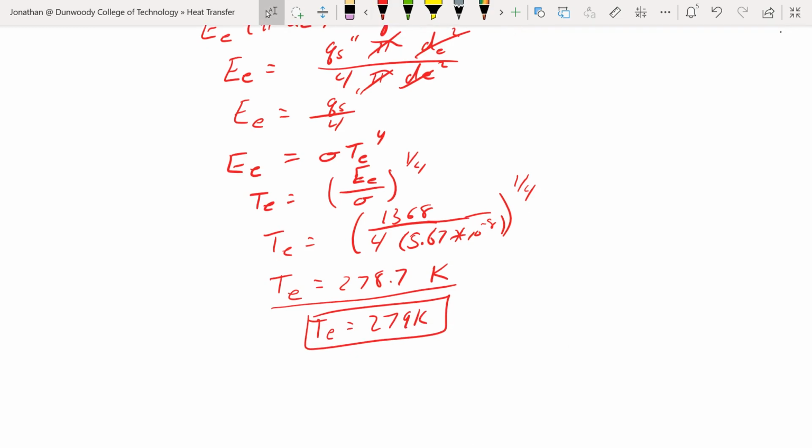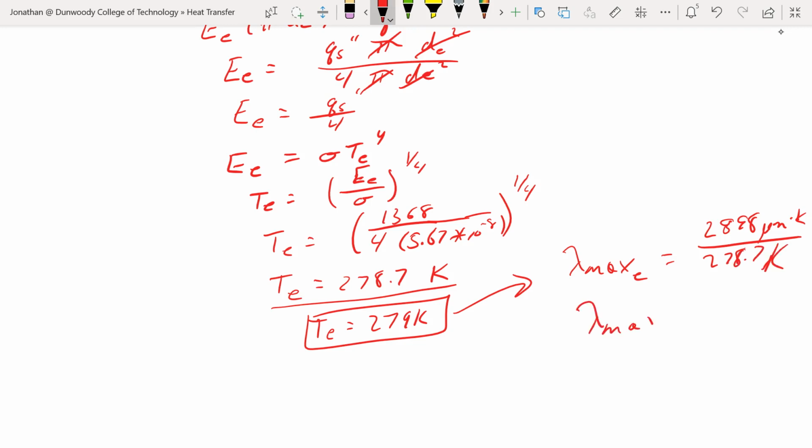So it seems a little cold, but we also assumed earlier that the atmosphere doesn't interfere. In actuality, it allows the short wavelength, high frequency radiation in and helps trap some of the lower frequency, longer wavelength radiation in. So just out of curiosity, I'm going to check this out for lambda max for the Earth. It's going to be that 2898 micrometer Kelvin over 278.7 Kelvin.